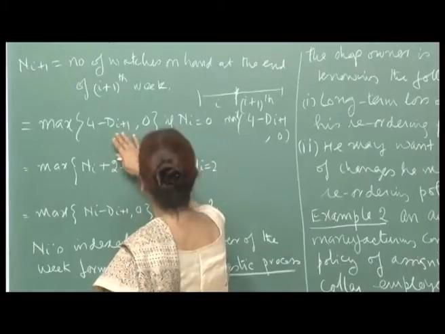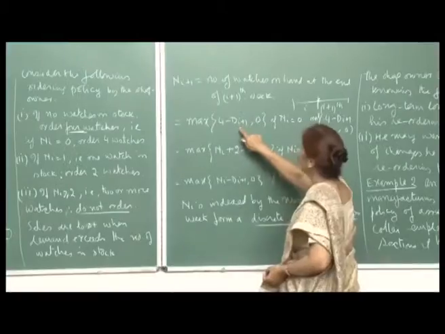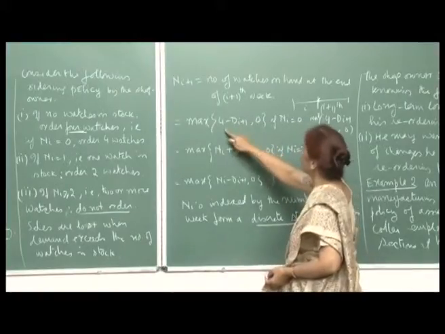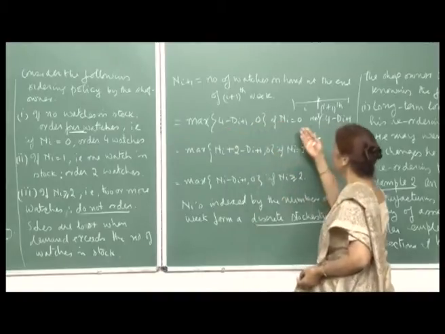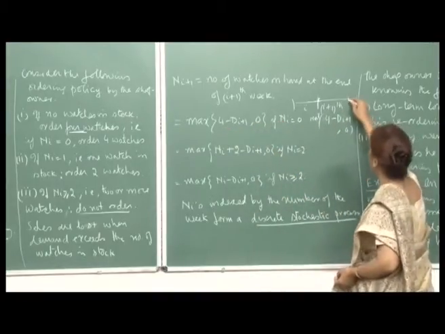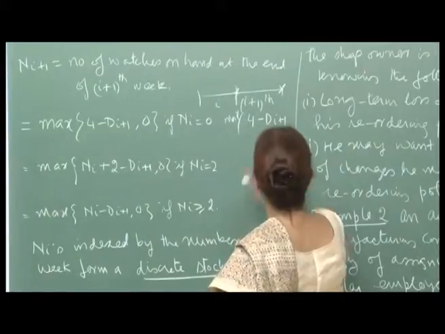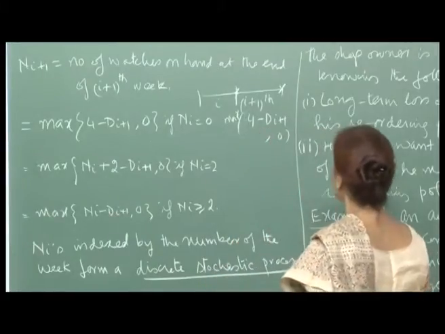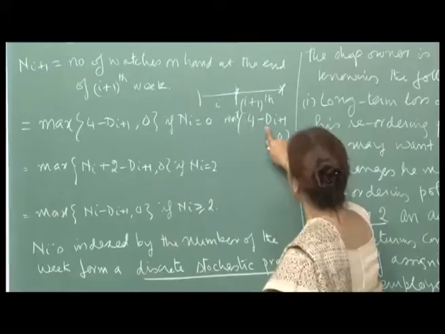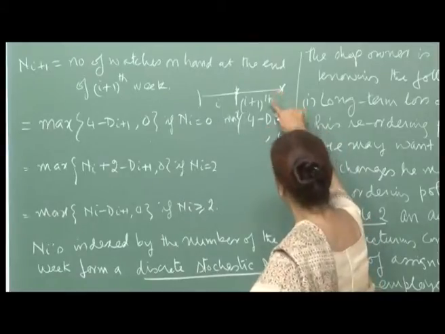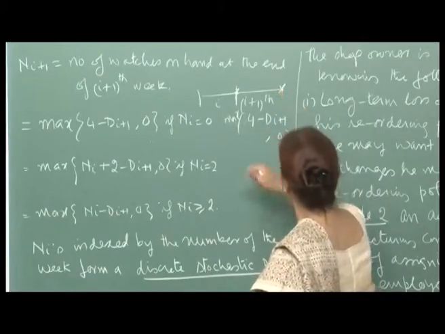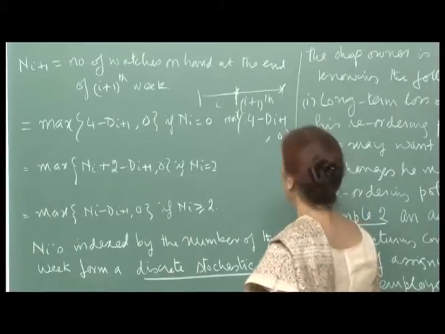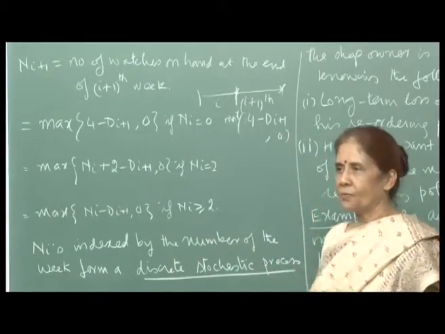So, either you have 4 minus Di plus 1 if Di plus 1 is less than 4, or you have no watches left at the end of the next week. If you are able to meet the demand Di plus 1, then whatever the difference will be the watches on hand at this point, otherwise it will be 0 if Di plus 1 is more than 4.